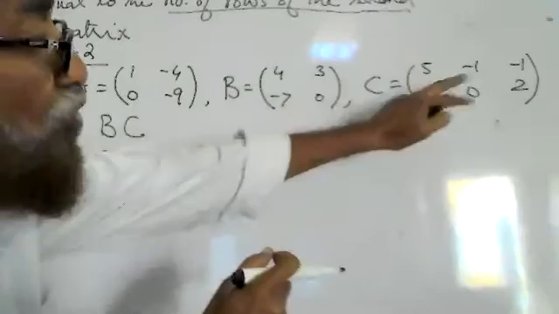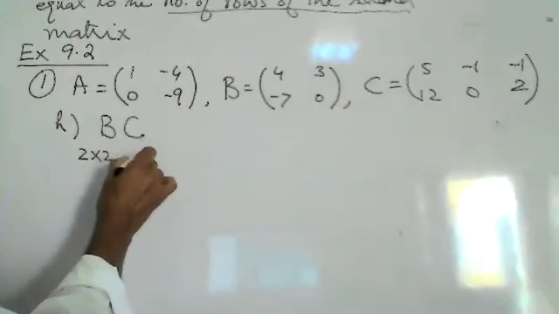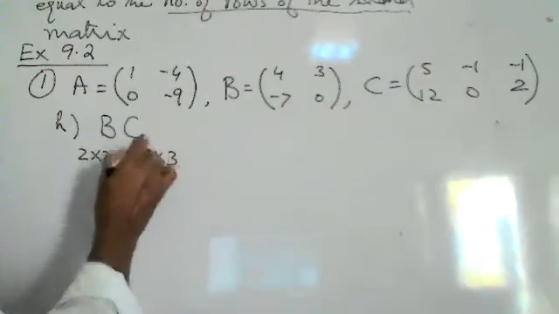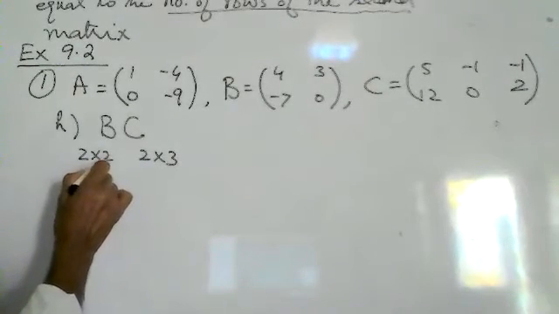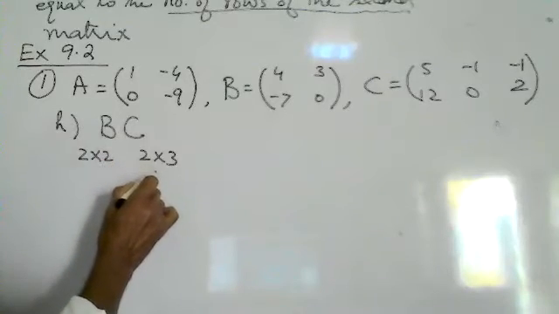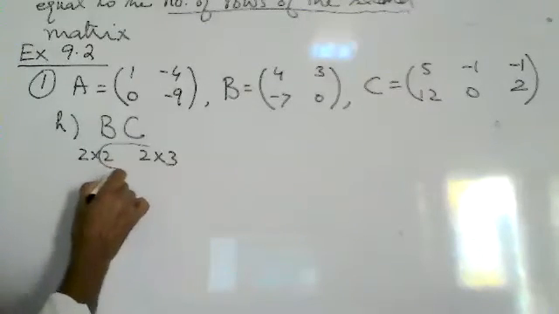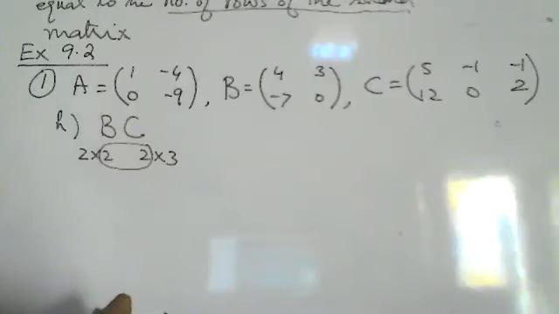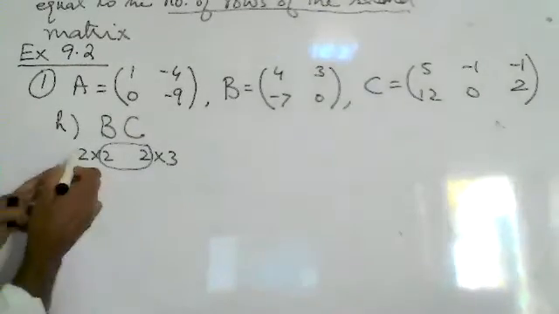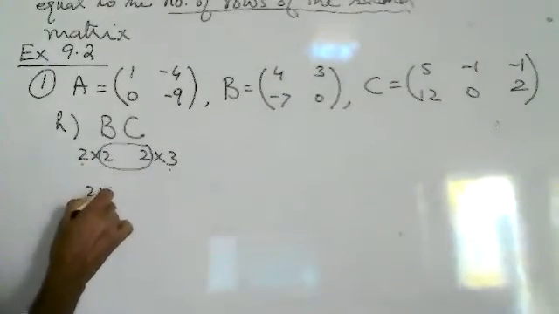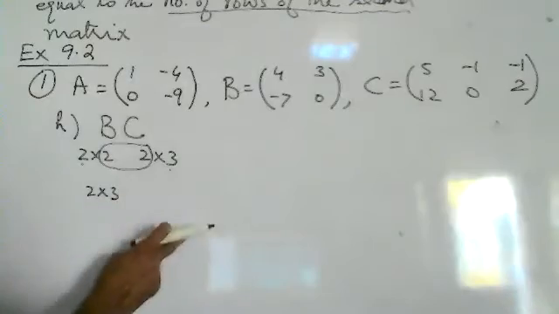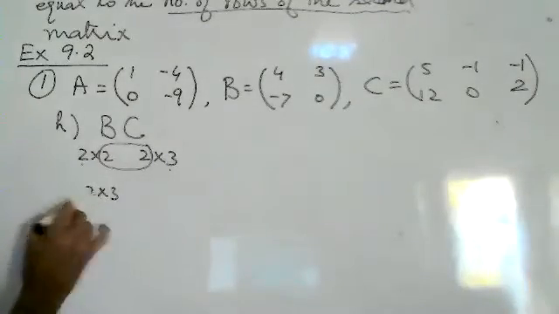C is 2 by 3. The middle numbers, the number of columns of the first matrix, are equal to the number of rows of the second matrix. They are equal. Therefore, we can multiply. And the size of the product will be 2 by 3. The size of the answer will be 2 by 3.